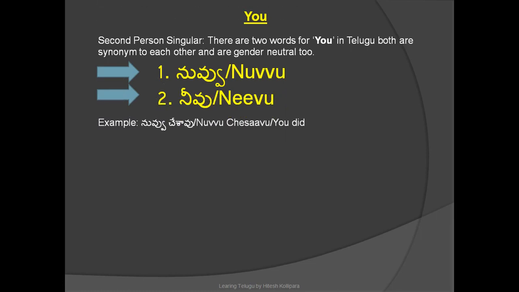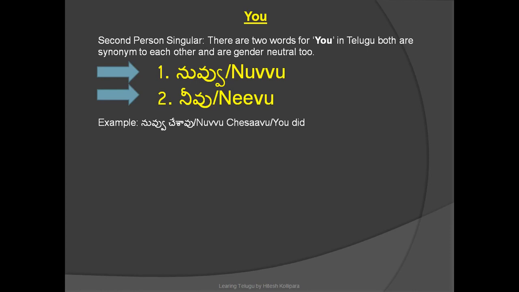Now, if you wanted to say "you did" in Telugu, then you should say నువ్వు చేశావు. Or you could also say నీవు చేశావు, because both words are synonyms of each other.